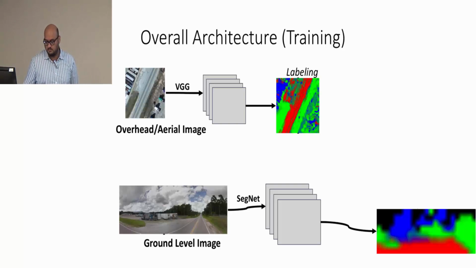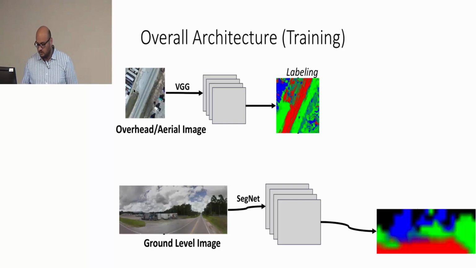The other image is the street view image, on the bottom, taken at exactly the same location, but on the ground. When we do segmentation, the segmentation of the ground level image and the segmentation of the aerial image projected on the ground should be very similar.